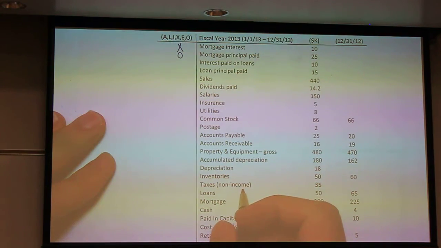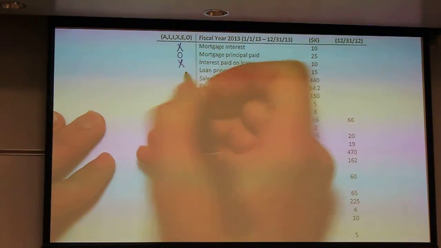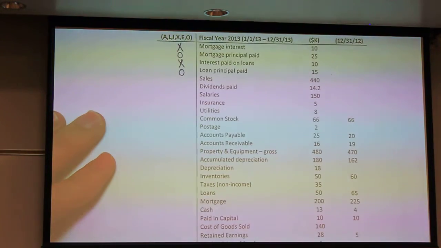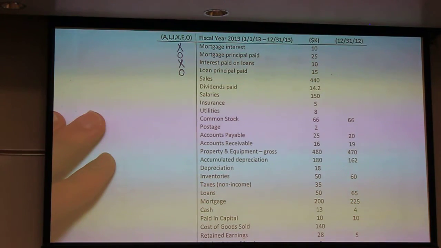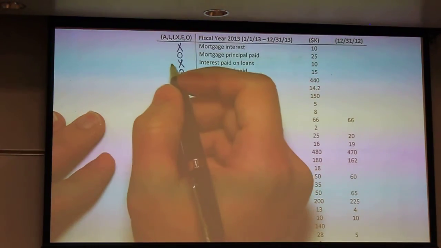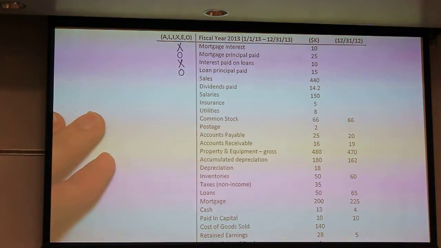Interest paid on loans, X. Loan principal paid, other. Mortgage is a long-term loan, a long-term liability. Sales, income.